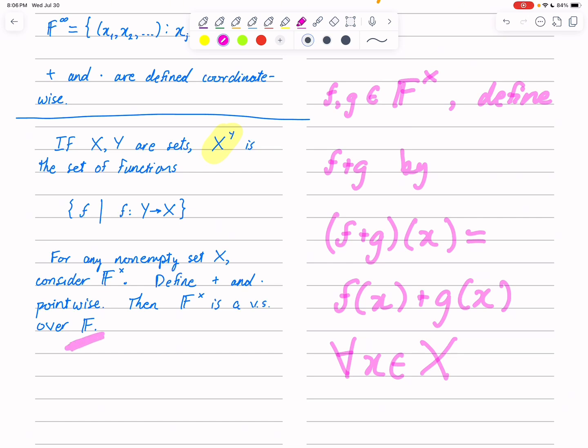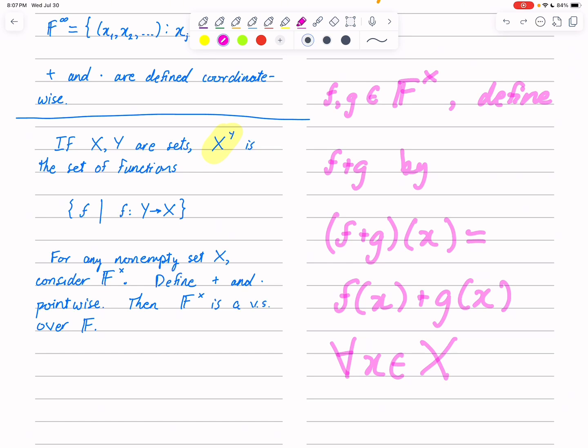I am going to define what it means to add these 2 functions together, right? So you give me a function, give me a function, I need to tell you what it means to add those 2 functions together. Well, it's going to be another function. And so in order to tell you what that function is, I need to be able to tell you for an arbitrary input what is the output, because that's how you define a function, right? Is tell you what the input and corresponding outputs are.